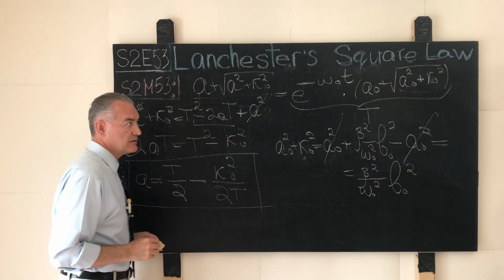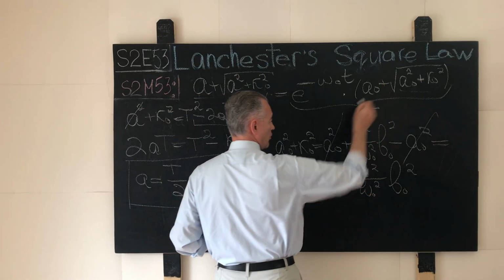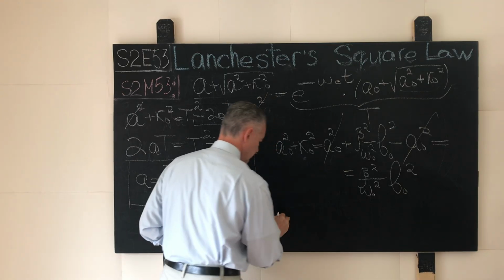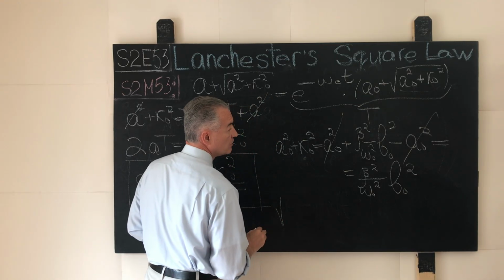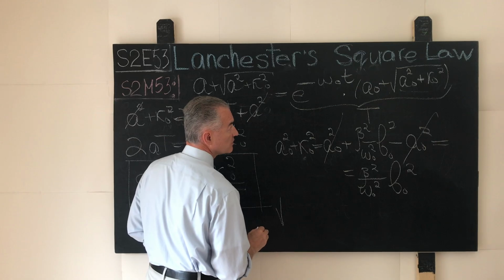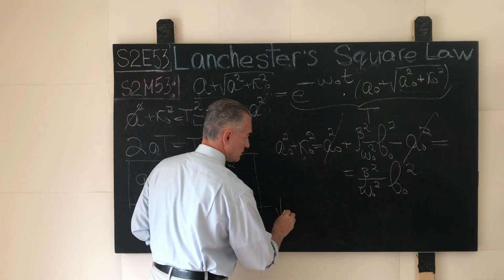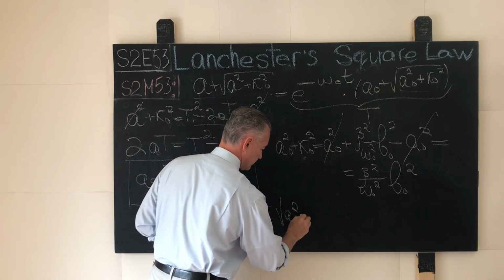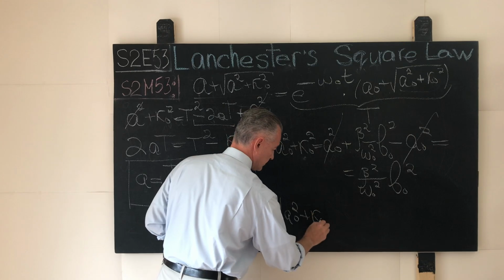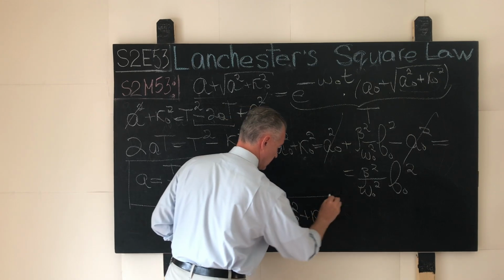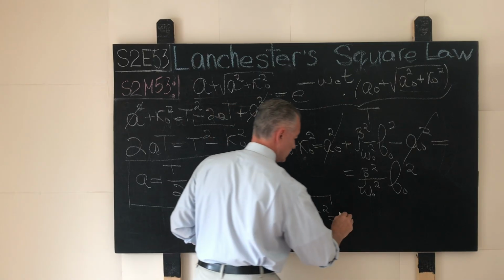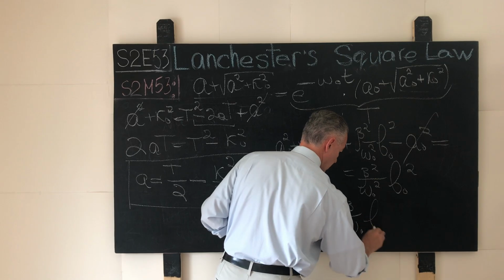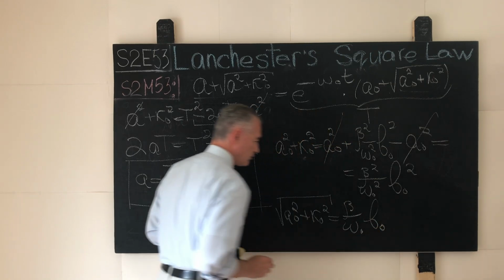You see? And now once we take the square root of all this wonder, what do we have? Let's write it down here officially. We will have the following: a0 squared plus k0 squared will be, under the square root, beta over omega 0 and b0.